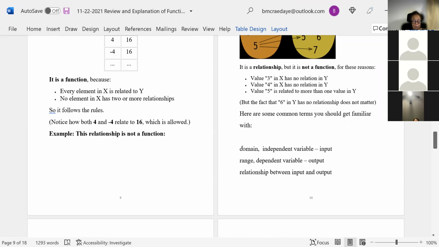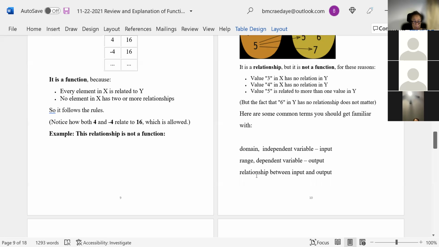Now, you've heard of domain and range, right? Now, domain is the independent variable. So that's what we've been saying, X and Y, that's the X value. The range is the Y values, the dependent variable. In other words, the Y value is dependent upon the input, and that's your output.